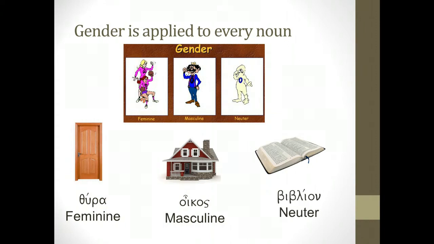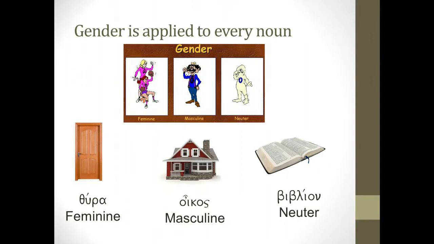Okay, and so we could go through, and you will notice as we go through the course and as you go through your vocabulary, every noun is going to have its own gender, and it will always keep that gender. How do you know the gender? You're going to be learning them as we go through the vocabulary list. And when we get into chapter 3, I'm going to give you a nice little trick in order to help you learn the noun's gender along with when you're learning the noun.